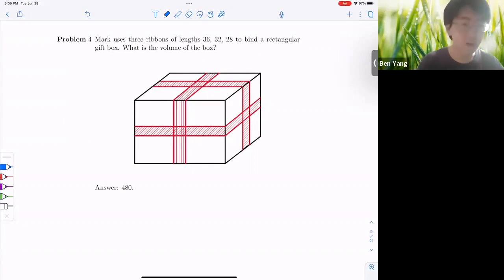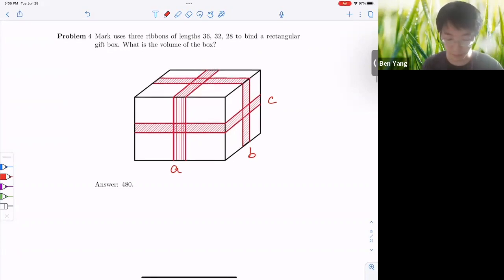Yeah, again, to find the volume, we need to know the length, width, and height. So let's do 3 variables. We do A, B, and C. Okay, then using the length of those ribbons, I guess we have equations. So for example, we have this part is C, and then B, and then C again, and then B again.